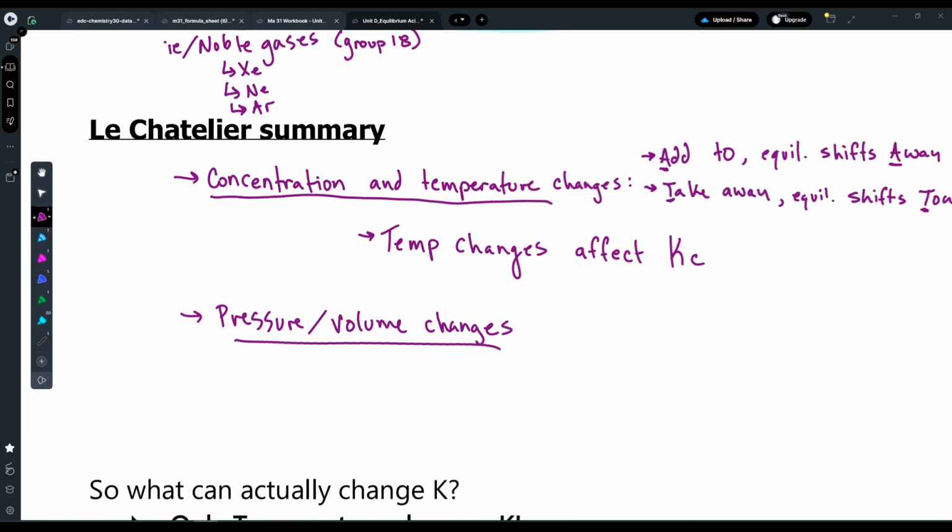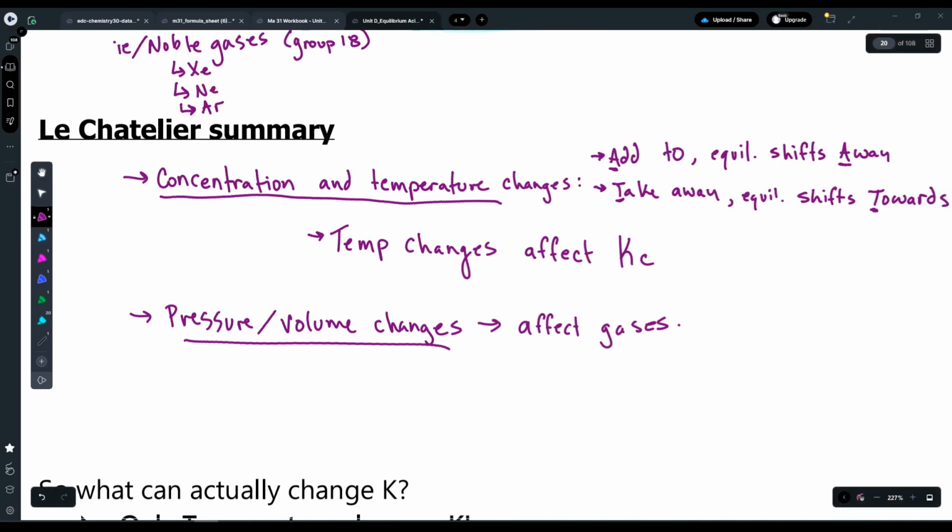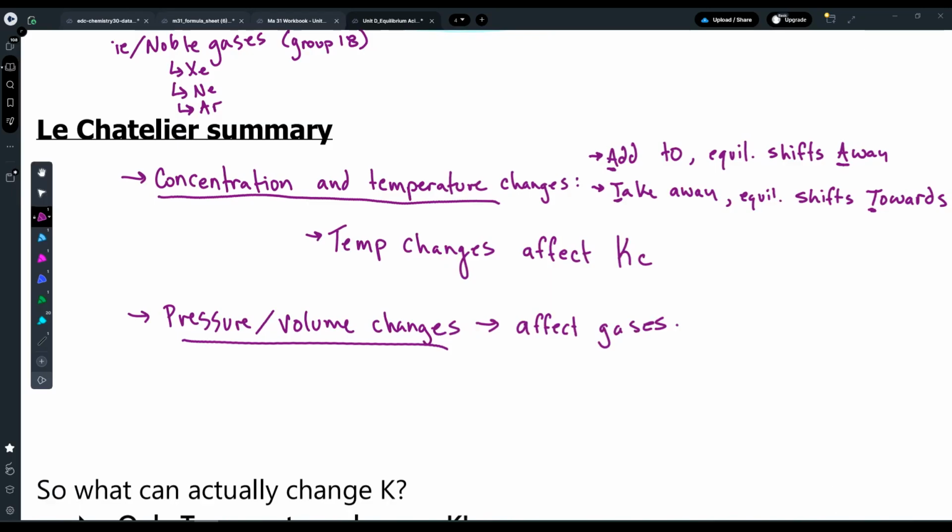For pressure and volume changes, remember those are only going to affect equilibriums that have gases in them. And it's based off of Boyle's law.